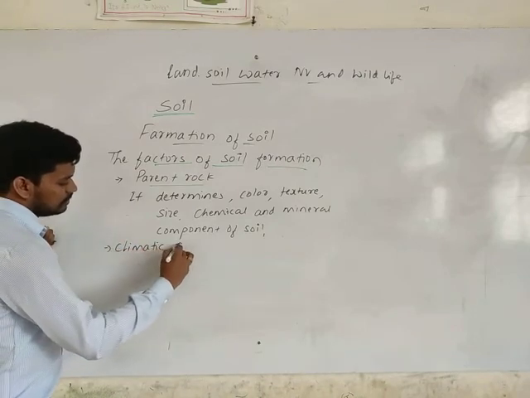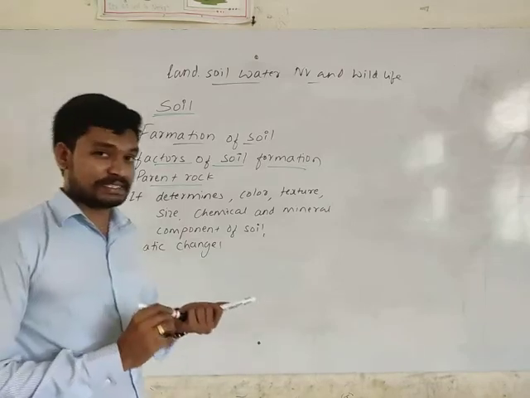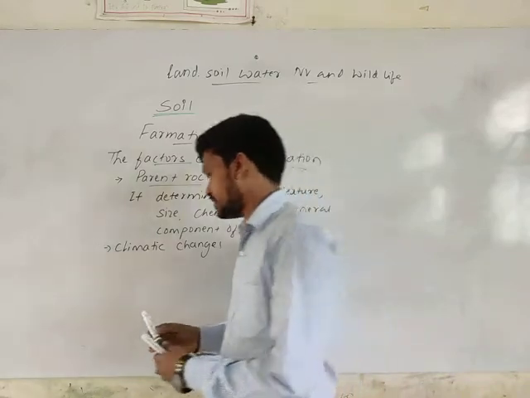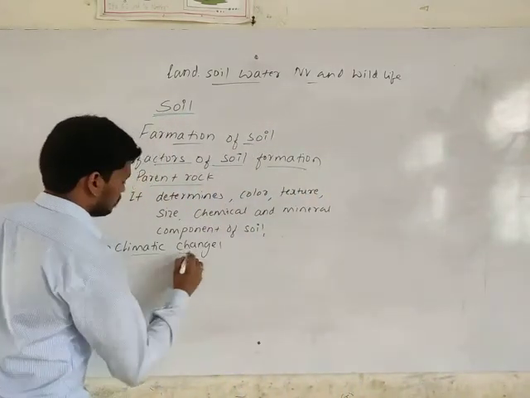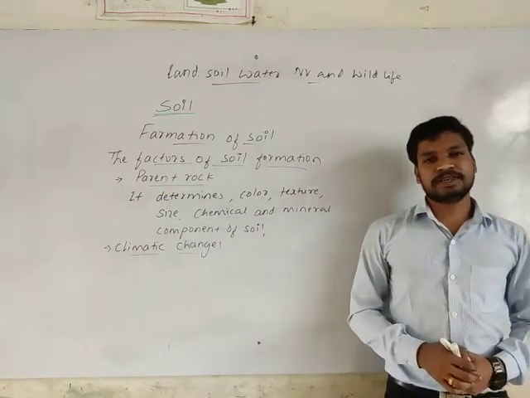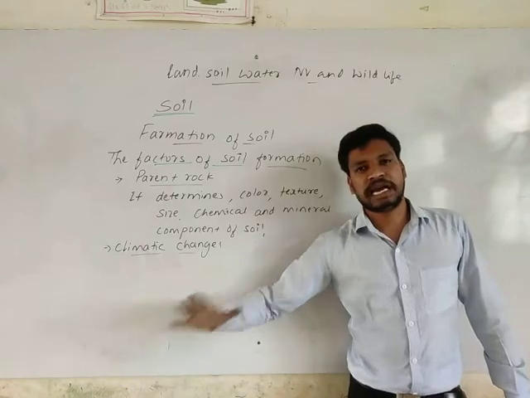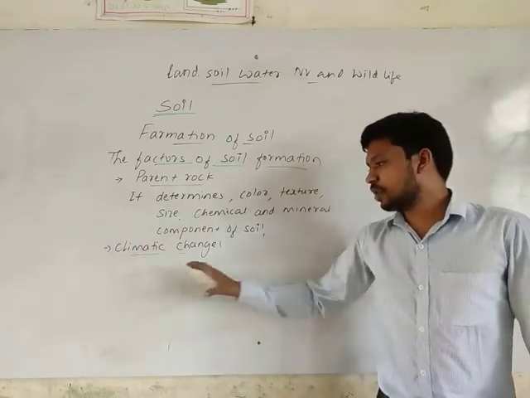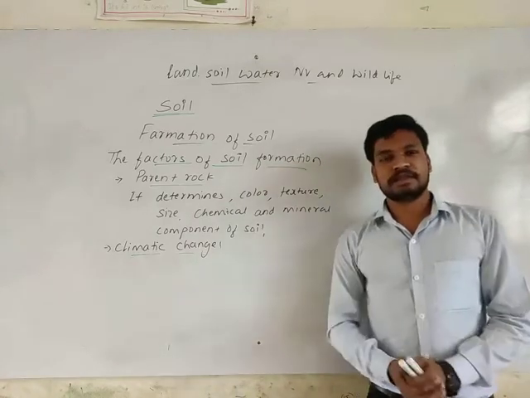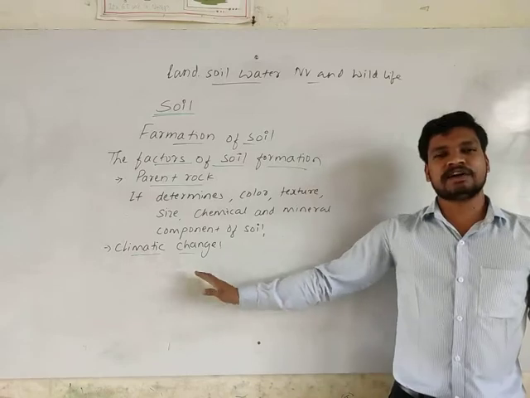Climatic changes. The next important factor after the parent rock is climatic changes. Climatic changes like high temperature, low temperature, high rainfall, low rainfall, the high velocity of blowing wind. All of this helps in forming the soil, and it helps in weathering the rock.